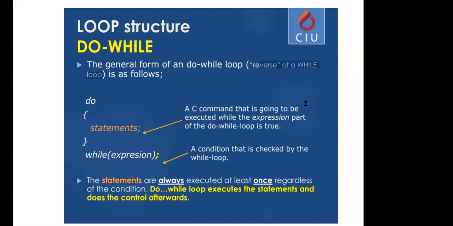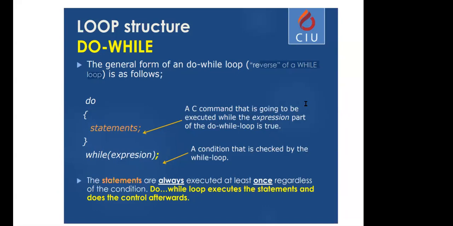Now, whatever you write inside the do statement will be executed even if the condition is false. This allows some statements to always work at least once, regardless of the condition. So in short, do while loop executes the statements and does the control afterwards.